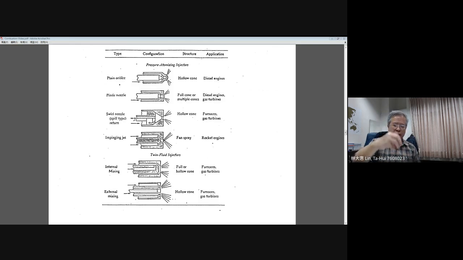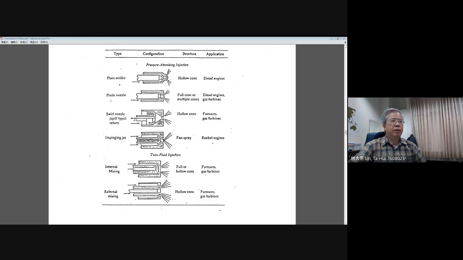If you have a ring of small holes on the tip of the injector, then the spray coming out will produce a hollow spray structure. The spray cone represents the hollow cone as I explained. Those atomizing droplets will exist in a ring for the different cross sections. And for this application, basically, you can refer to the diesel engine, okay?